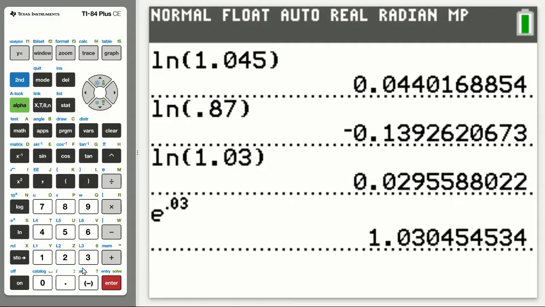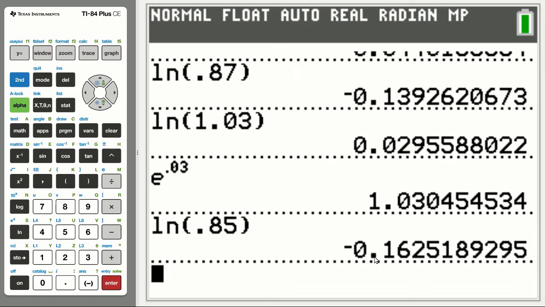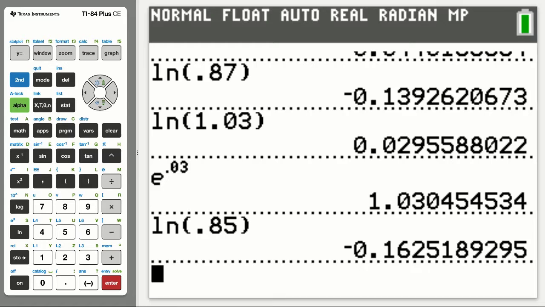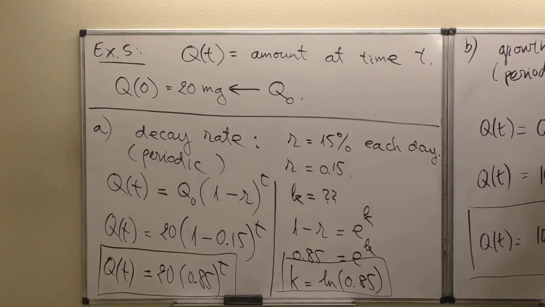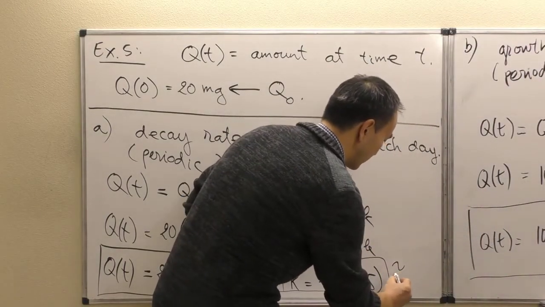On my calculator, I'm going to go ln of 0.85. This time it should be a negative value: negative 0.1625189 and a lot longer. Allow me to use 5 decimals.